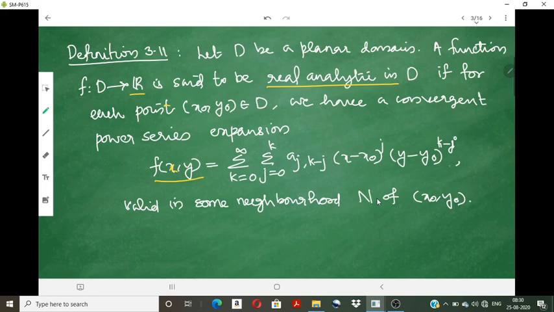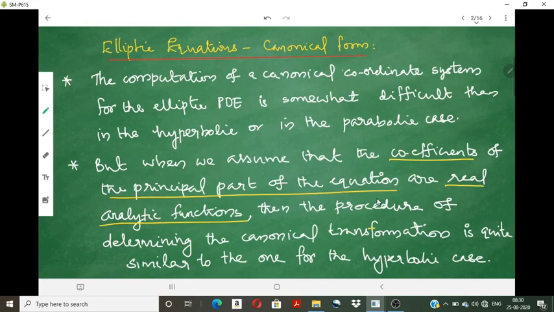Then in that case we can say that this function is real analytic. So when the coefficients of the principal part of the second order elliptic equation are real analytic functions, we can find the canonical form of the elliptic equation as in the case of hyperbolic equations.